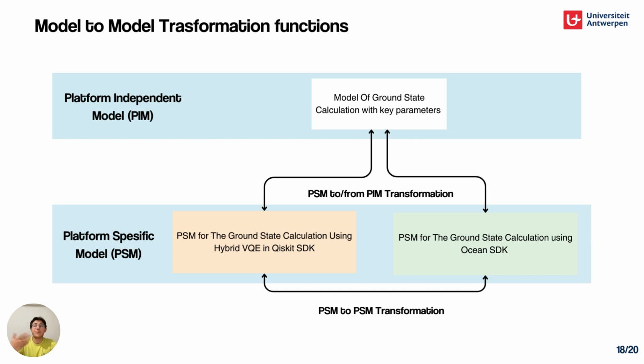Besides the PIM, we also created a model to model transformation function. These functions can transfer the domain information from one platform specific model to another one, and also from a platform specific model to the platform independent model, or vice versa.